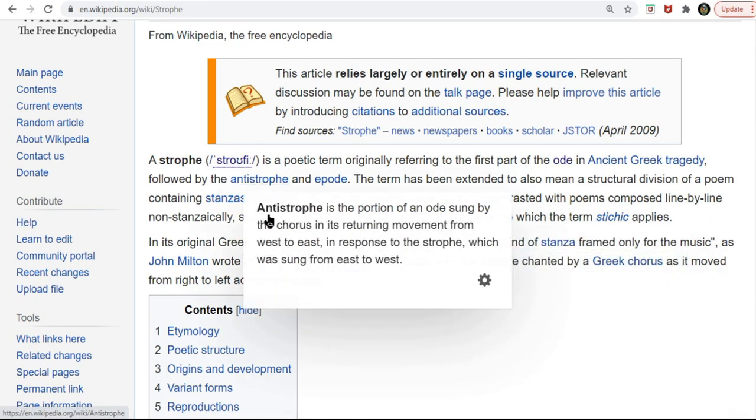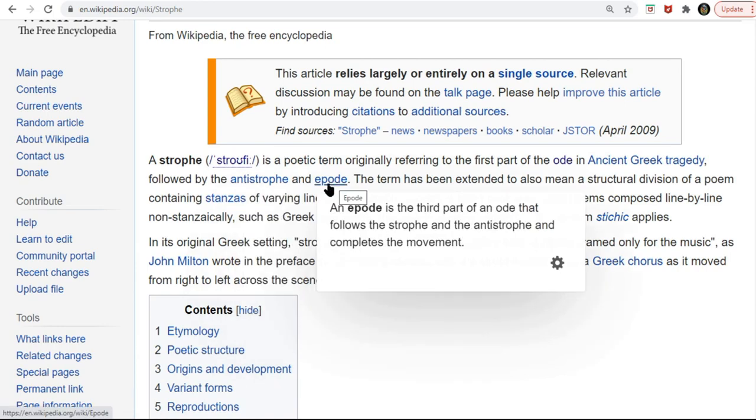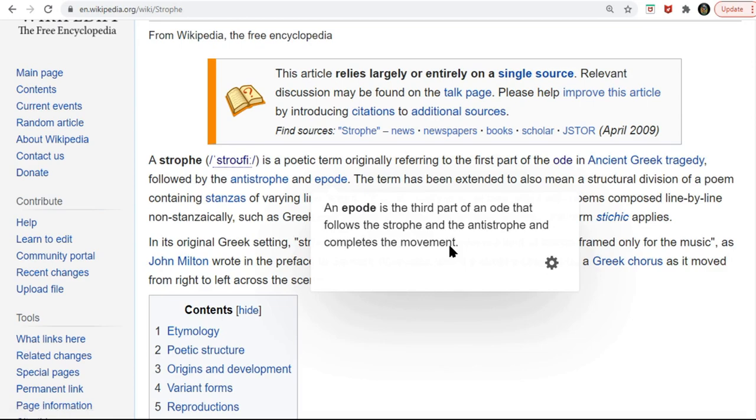And so the antistrophe is the portion of an ode sung by the chorus in its returning movement from west to east, in response to the strophe, which was sung from east to west. And then the epode is the third part that completes the movement.